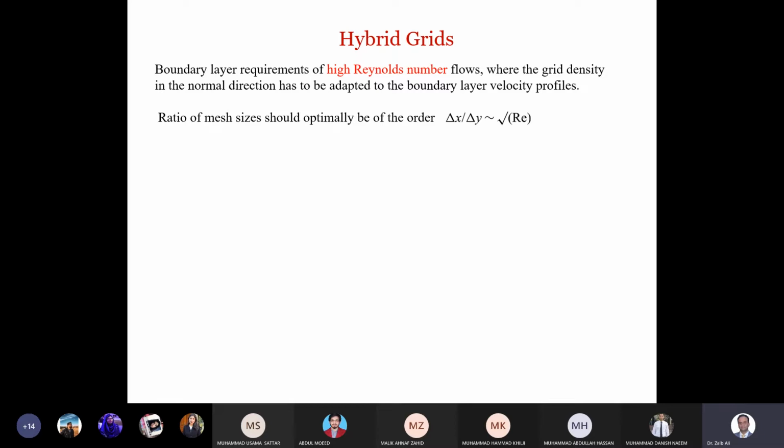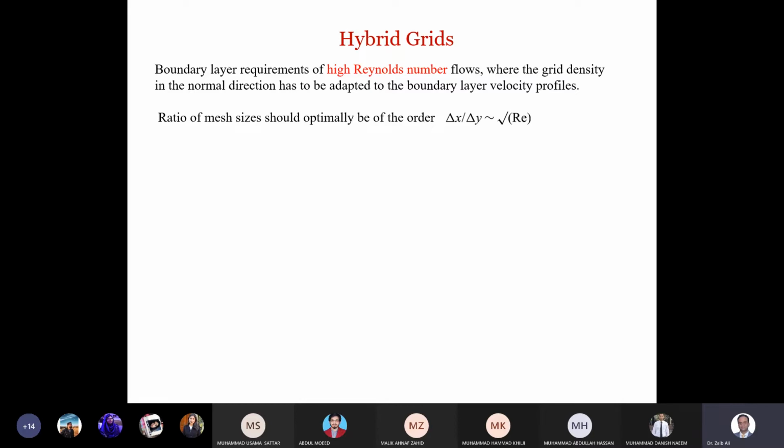So in the regions, for example, where we have higher Mach number flows, where we have this boundary layer present, we need to capture these gradients more accurately. And there we need to have highly stretched cells with large aspect ratios.